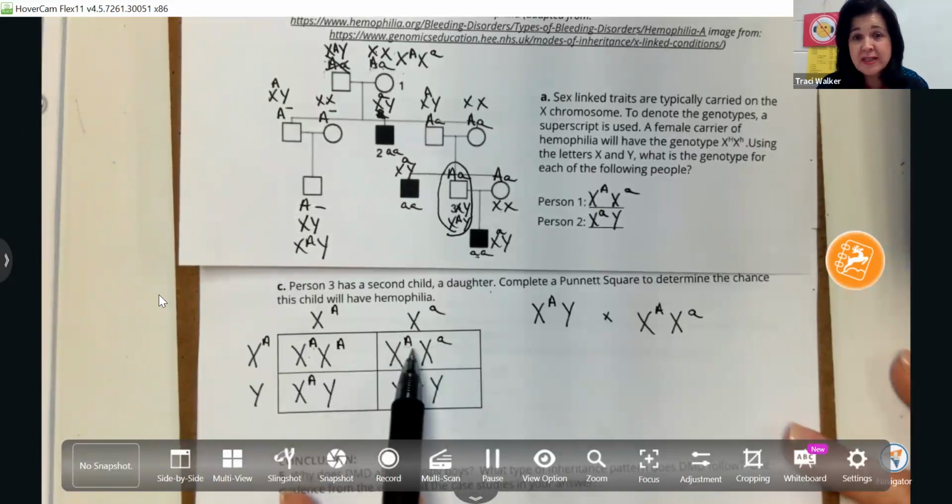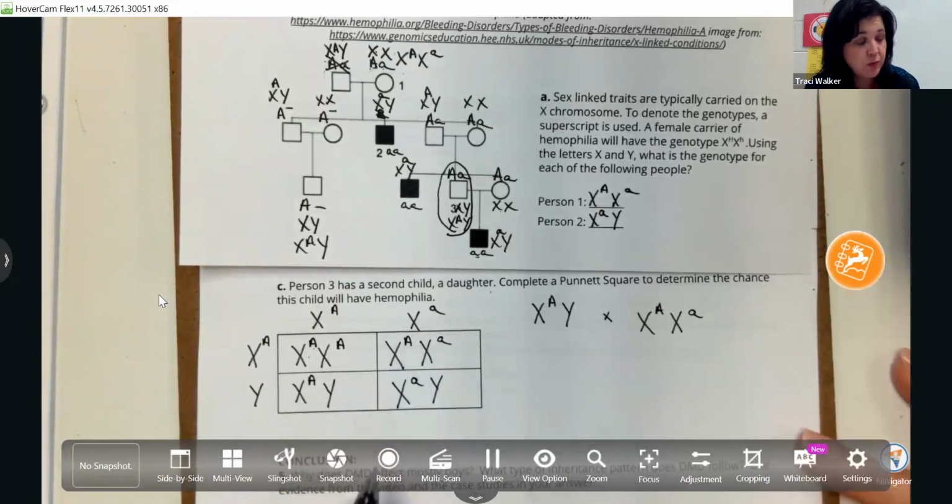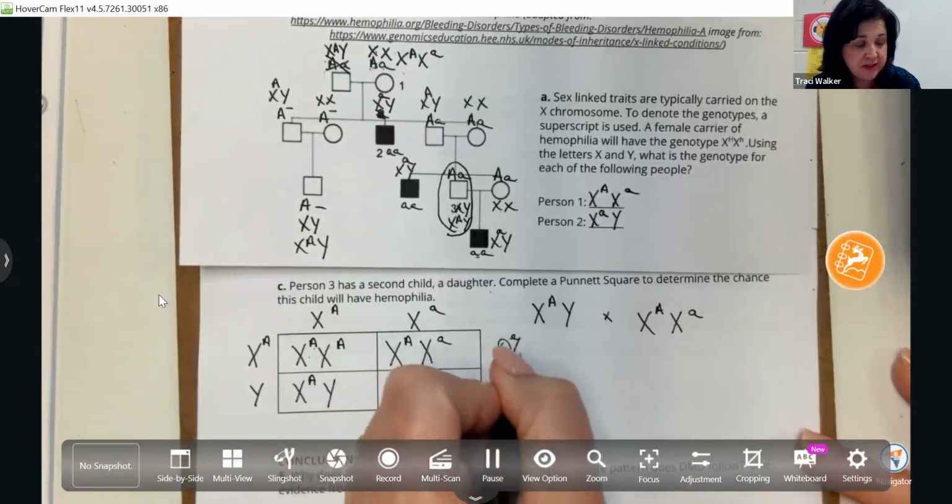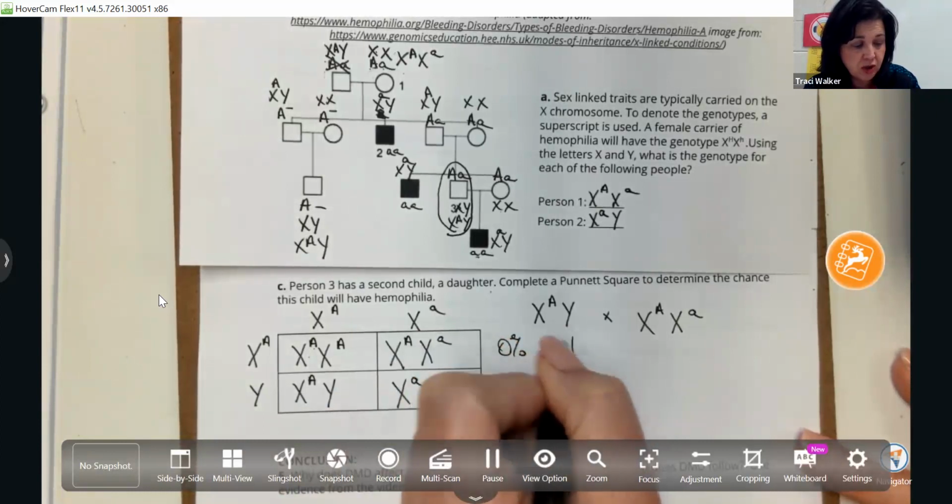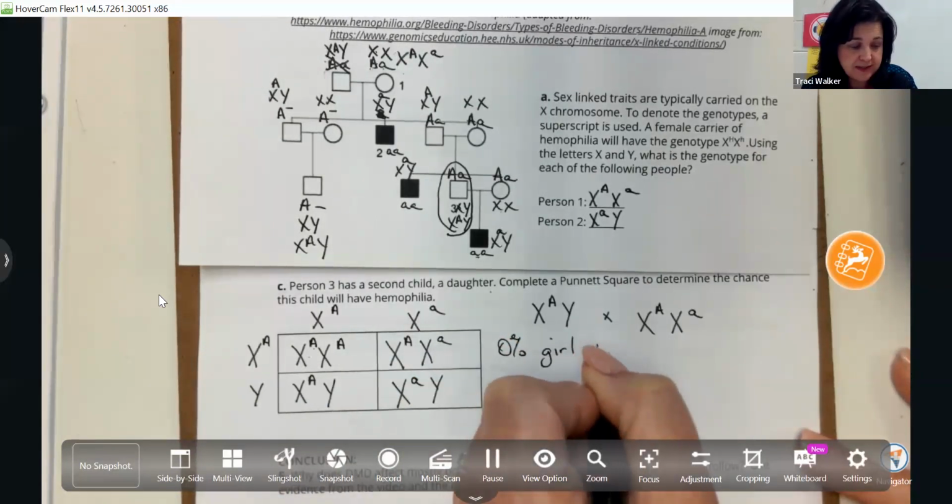And so the dominant covers up the recessive. So this daughter is not going to have hemophilia, even though she's a carrier. So the chance of them having a girl with hemophilia is 0%.